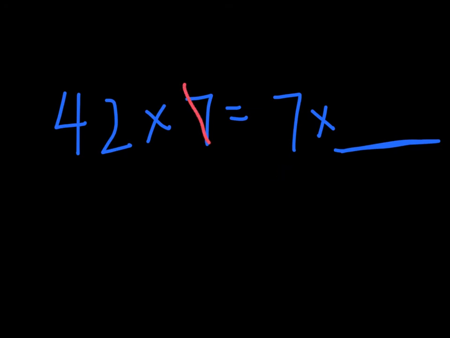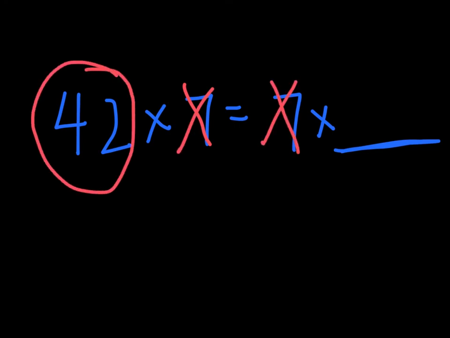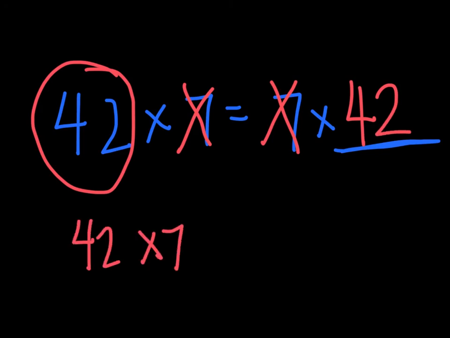So what's missing? If I crossed out my 7s, I still need a 42. So what this is saying is that 42 groups of 7 is equal to 7 groups of 42. Because no matter which way I write my problem, I'm always going to get the same answer.